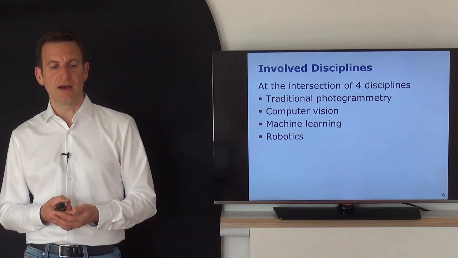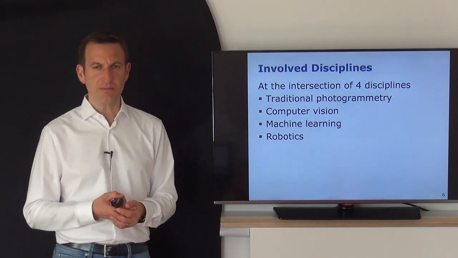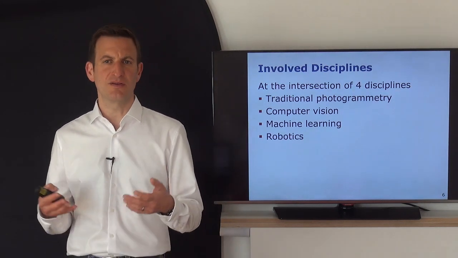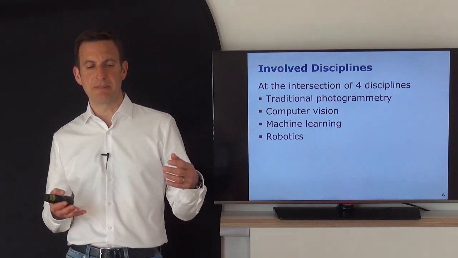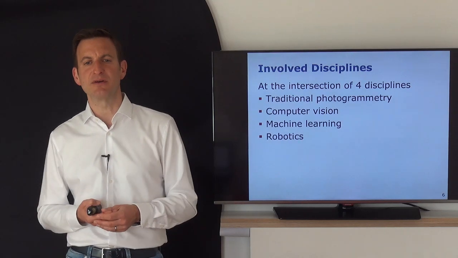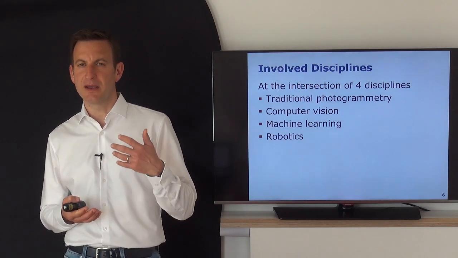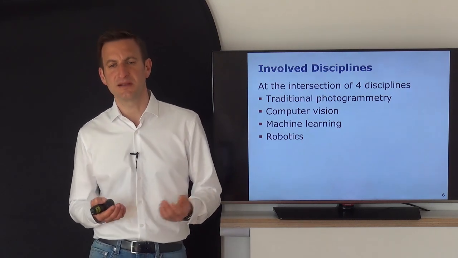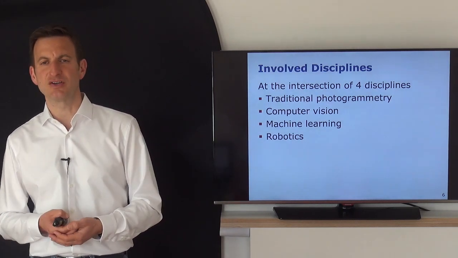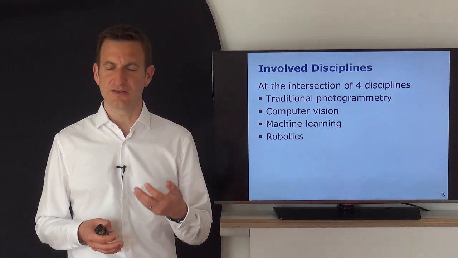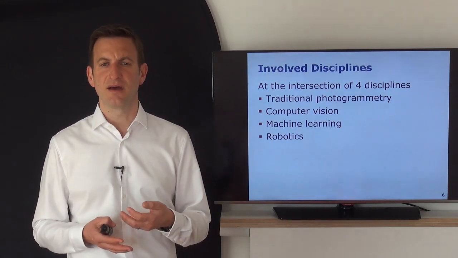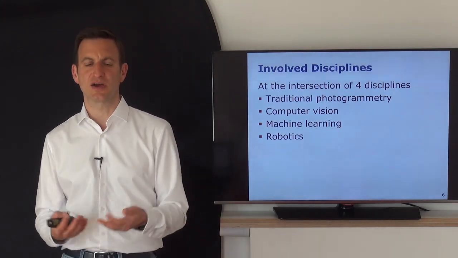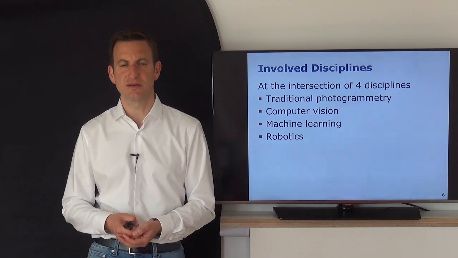So we are here at the intersection of several disciplines. The first thing is traditional photogrammetry, often used to build maps of the environment, but it has also gone through a large number of changes in recent years. Computer vision is a field which has grown a lot over the last 20 to 30 years, and is by now much larger than the photogrammetry community, and does a lot of work that is relevant for us, for example, for doing 3D reconstruction and semantic interpretation.